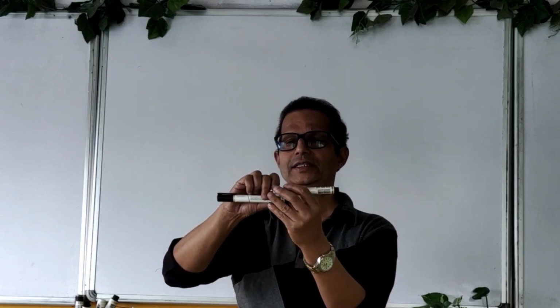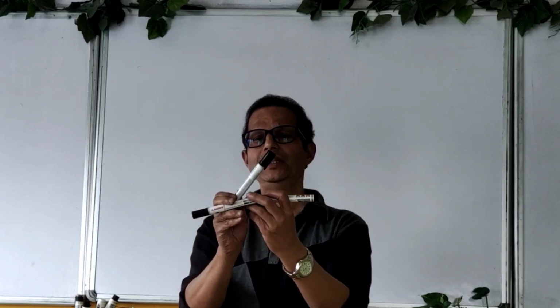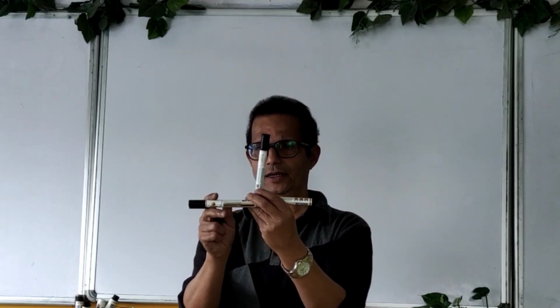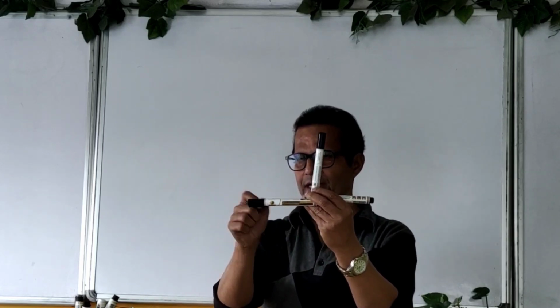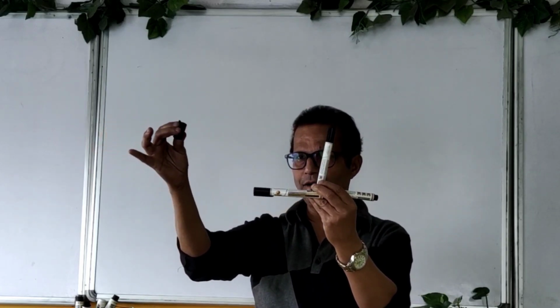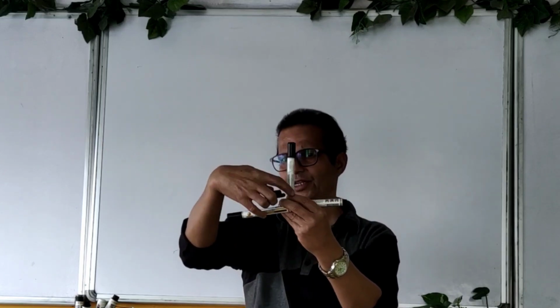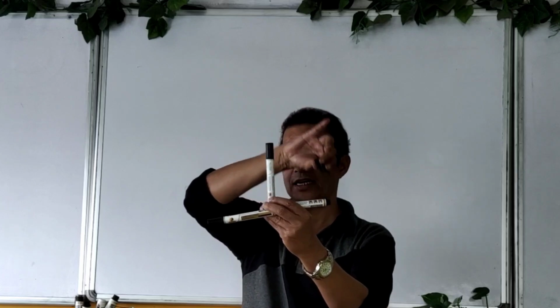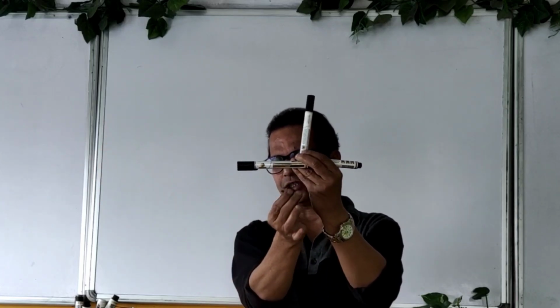If bulky alkyl or aryl groups are there, then the proton cannot come from this side. This is nitrogen at the center. These sides are blocked, so the proton can find only these sides to get attached on the nitrogen.